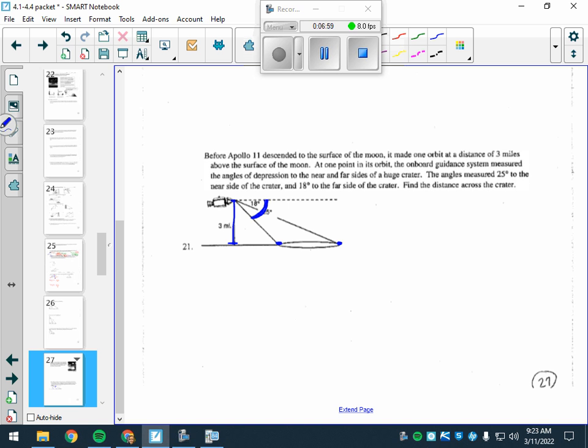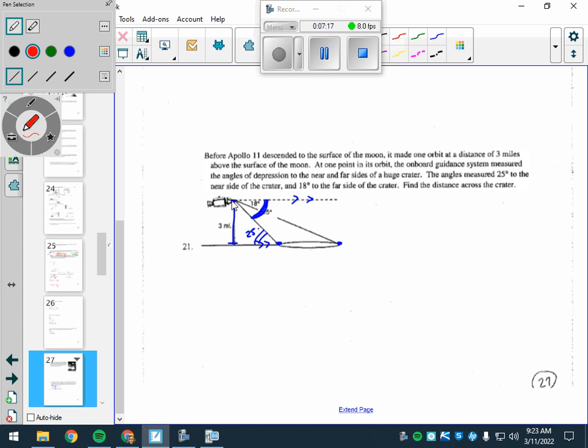Well, remember that if its path is here, that's like the line of sight, that's parallel to the ground. So if this is 25 degrees here, that means this one is 25 degrees here. And then if it's 18 degrees to the further side of the crater, again, alternate interior angles, that makes this one 18 degrees as well.